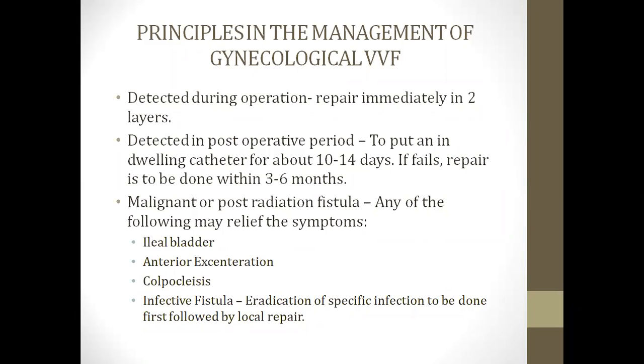For malignant or post-radiation fistula, any of the following may relieve the symptoms. Ileal bladder, that means implantation of ureter into the ileal loop. Then anterior exenteration, colpocleisis, and for infective fistula, eradication of specific infection is to be done first, followed by repair.